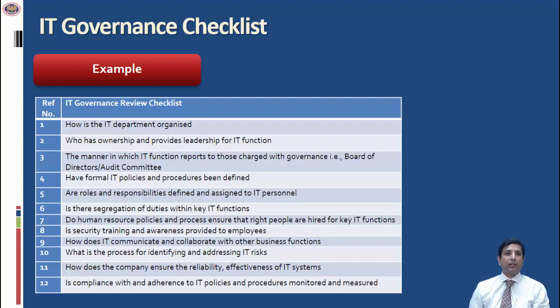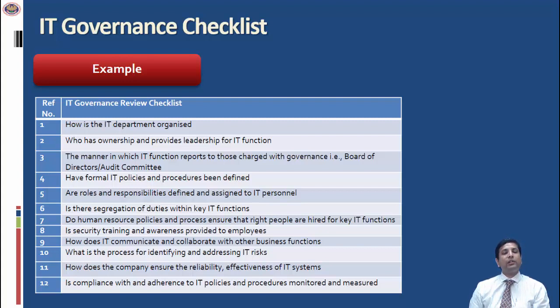We should start by understanding how is the IT department organized, who are the key people, and who is having the leadership position for the IT function. Typically, it is the CIO or a CTO who will be responsible for the functioning of IT within a company.